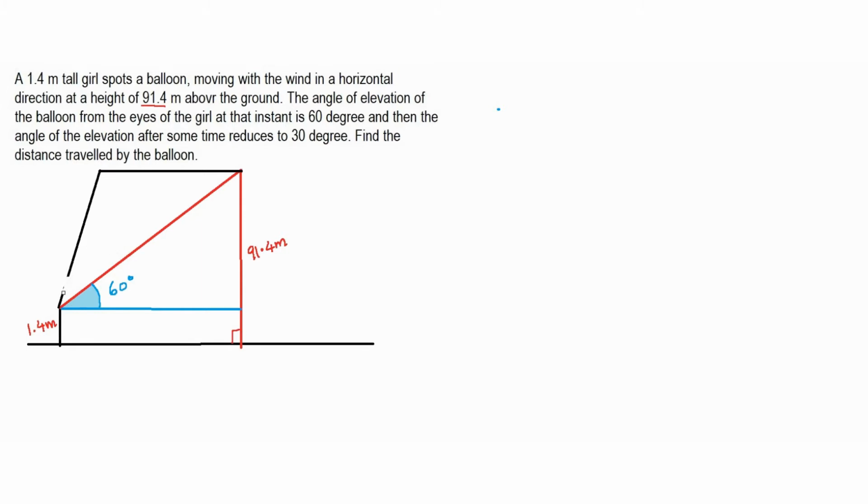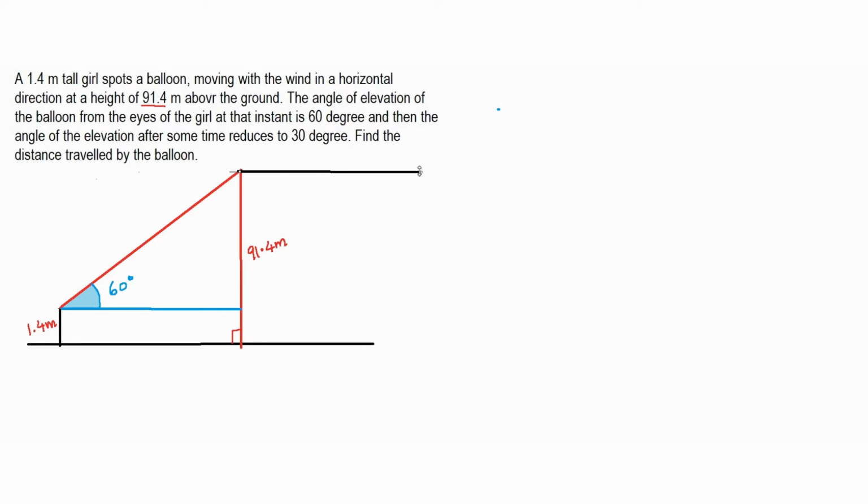But it's given that the angle of elevation changes to 30 degrees, which implies that the balloon has to move away from the observer. Because the balloon moves away from the observer, the angle of elevation will reduce. That means in this case, the balloon is moving to the right.